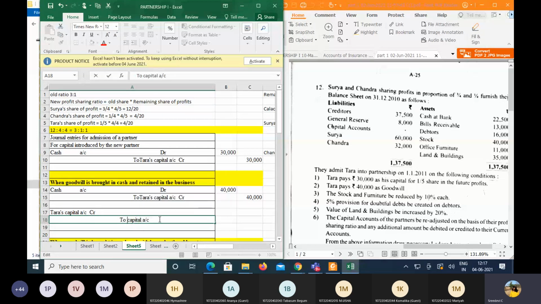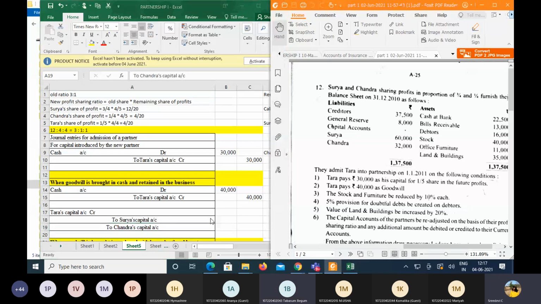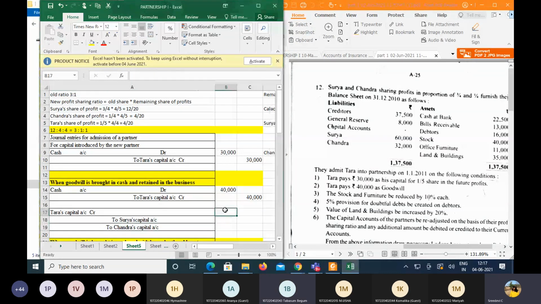So here the old partner is Surya, then followed by Chandra. Now divide this amount, that is 40,000, in the ratio of 3:1. 30,000 and 10,000.